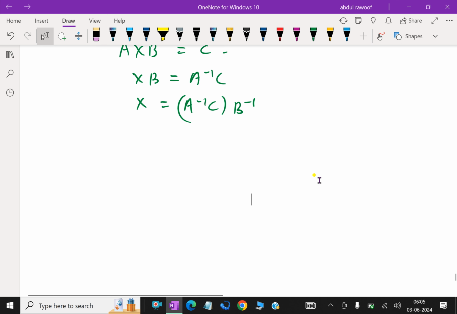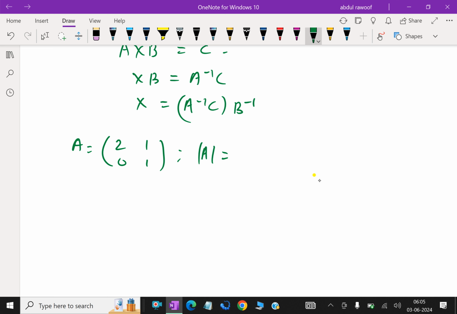Now, we have to substitute the values of A inverse and B inverse in this. Here, first, the matrix A is given as [2 1; 0 1]. Determinant of A equals 2 into 1 minus 0, that is 2.